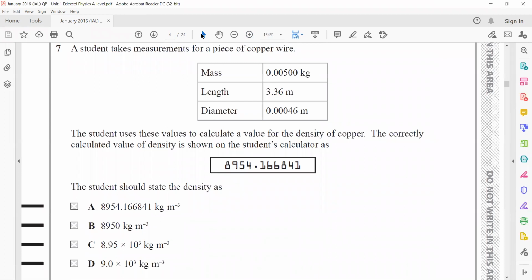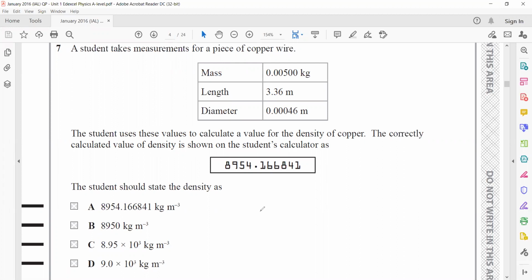A student takes measurements for a piece of copper wire. The student uses the values to calculate the density. What is the correct value?